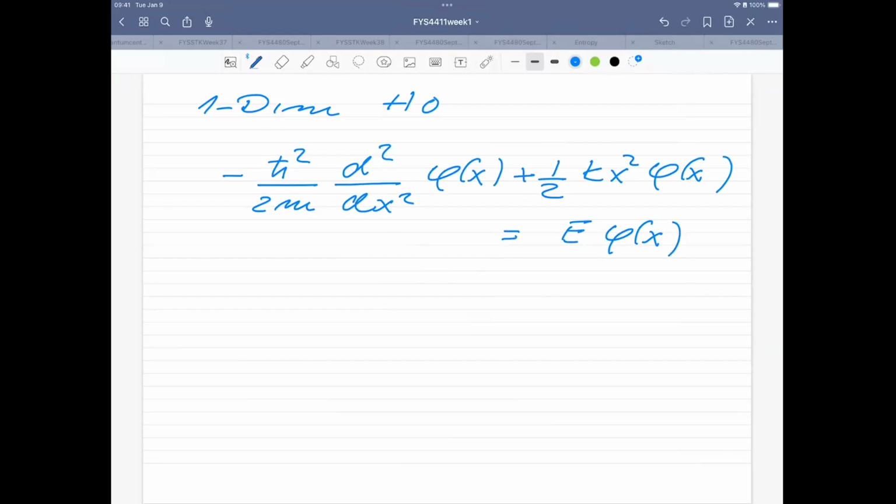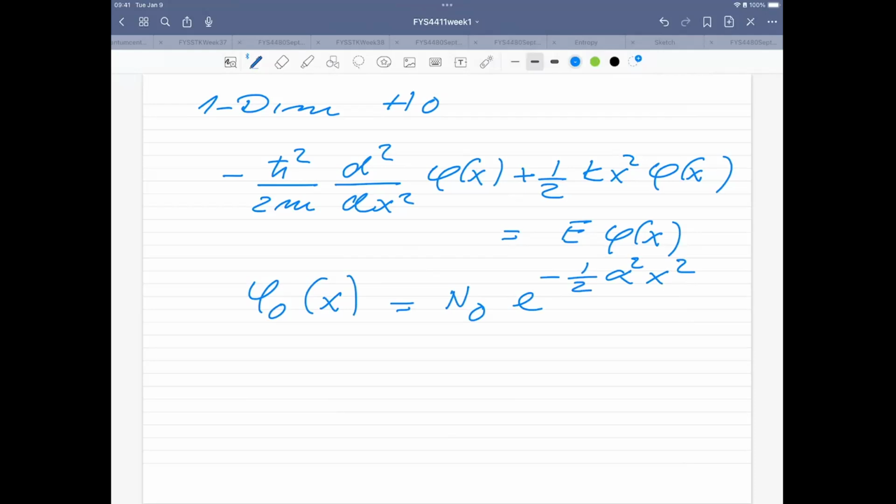Now, I'm going to give you the exact answer. The exact answer for the ground state, phi 0, so when I put a 0 subscript, that is the lowest lying state. This is given by a normalization constant times e to the power of -1/2, and then there is a parameter which I'm going to label alpha, times x squared.